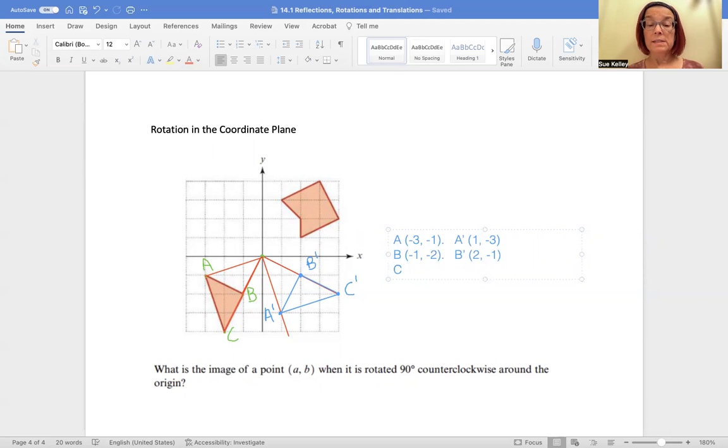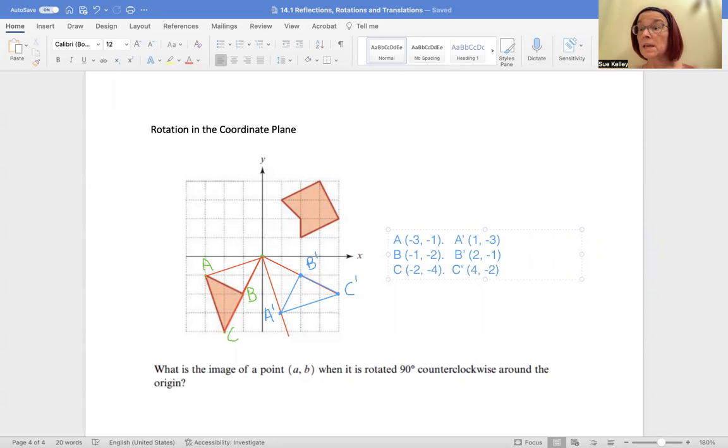And our point C is at -2, -4. And our point C prime is at 4, -2.